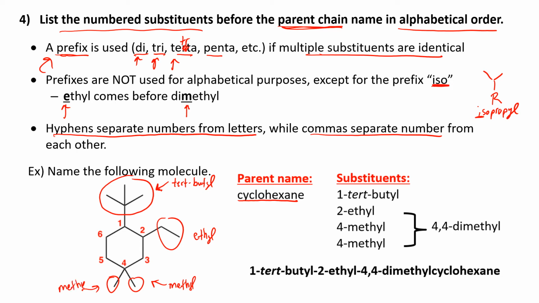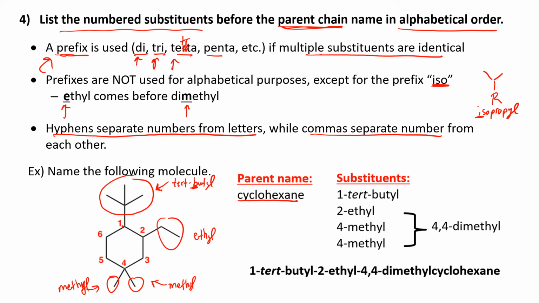Okay, so we've identified the parent chain and we've identified our substituents. Now we have to number the parent chain. So we have a lot of options here. We could number the parent chain starting at the top, in which my first substituent would start with a B. We're not using the prefix.